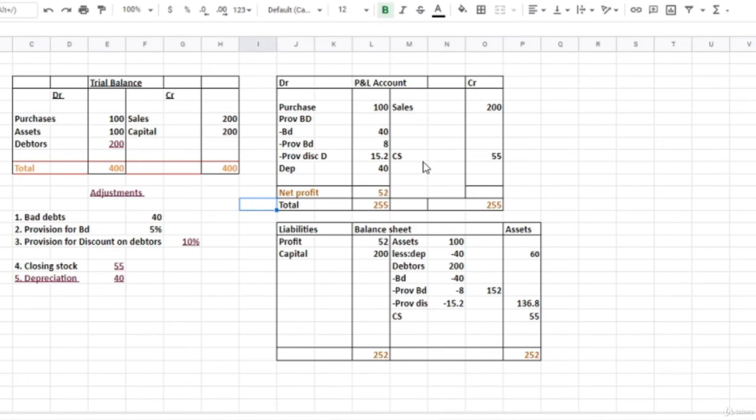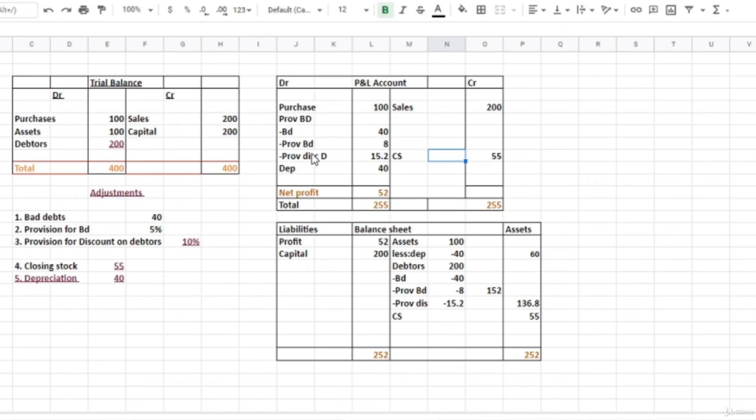Also, closing stock which is entered in the credit side is added to the debit side. While doing the final accounts, you have to check the double entry effect. So there should be equal amounts.